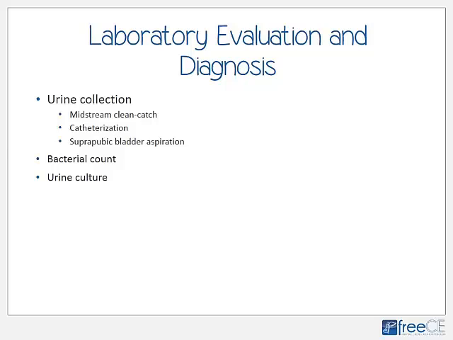Now, the other important part of this is that we want to look at the bacterial count. What's most diagnostic of a urinary tract infection is a bacterial count that's greater than 100,000 colony-forming units or greater. So that's 10 to the 5th bacteria. Now, we can have patients that complain of symptoms and have lower bacterial counts.